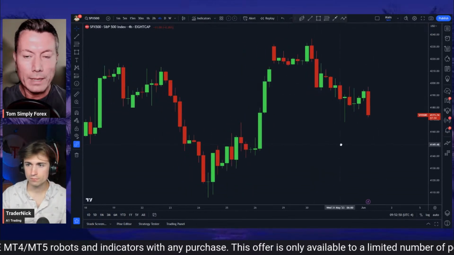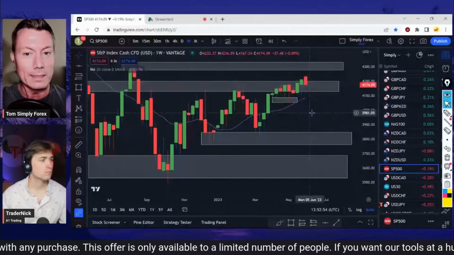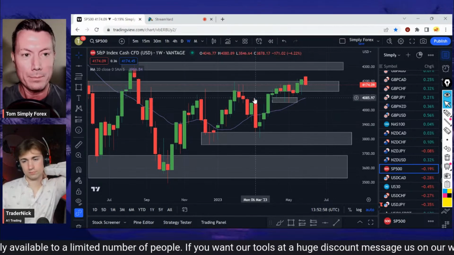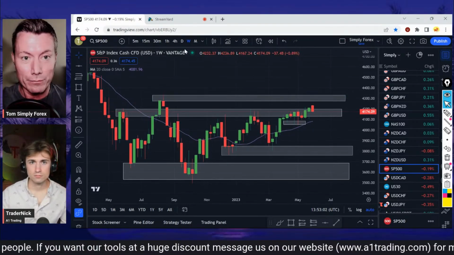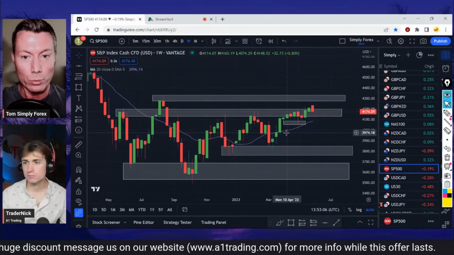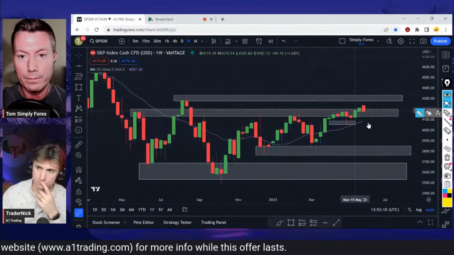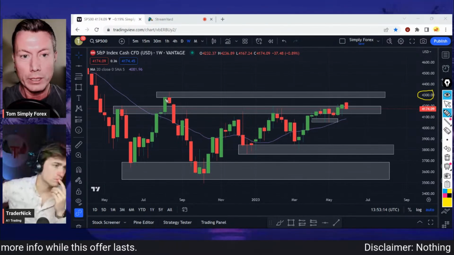Yeah, well, S&P and NASDAQ are in uptrends and the Dow is in a downtrend. So there's some conflict there, but S&P still has a bit of room to the upside, is what I'm seeing, guys, in terms of the weekly chart. I still think this 3,000 level here is achievable.